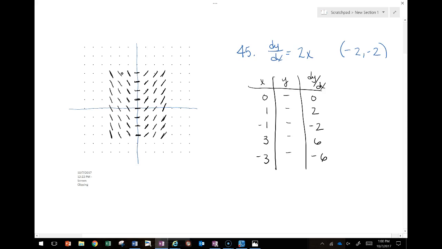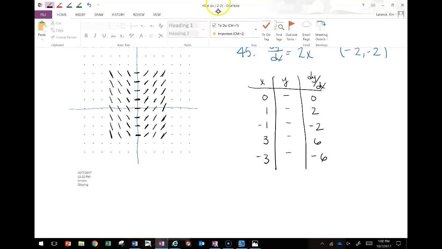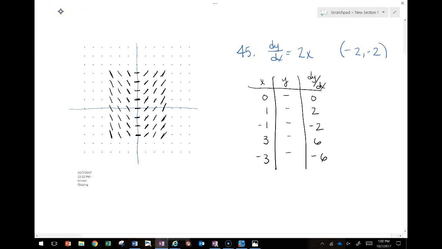Now, we draw the solution through the point (-2, -2). So I'm going to come down here and go to the point negative 2, negative 2. So 1, 2. And from there, I'm going to try to draw something to where all of these would be tangent to the curve.